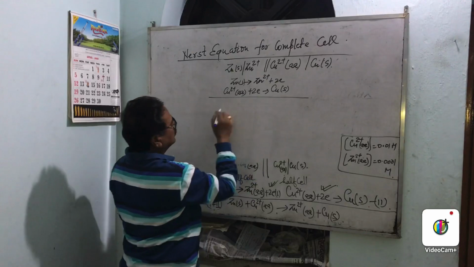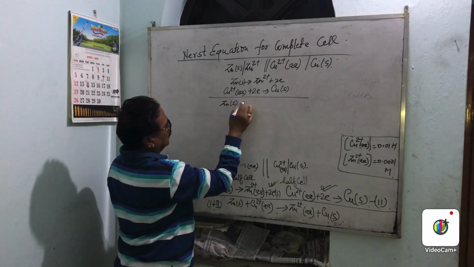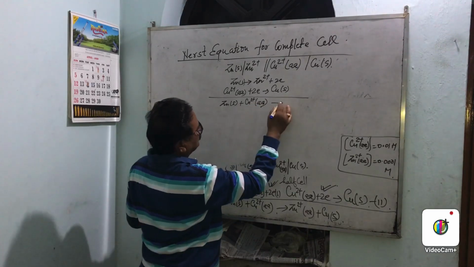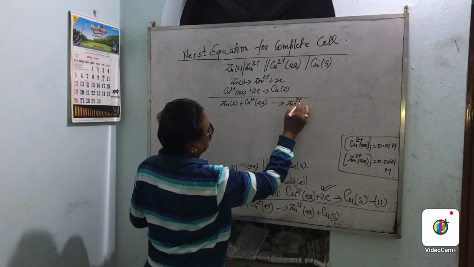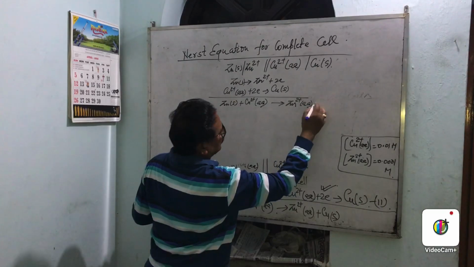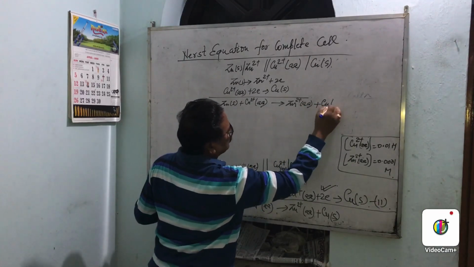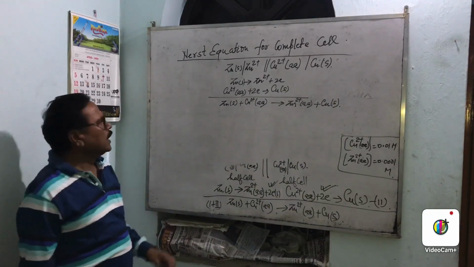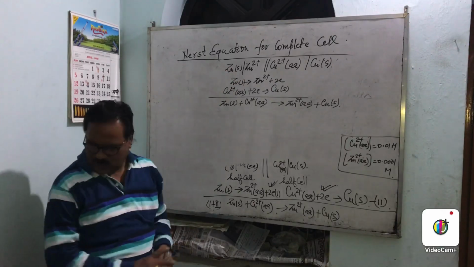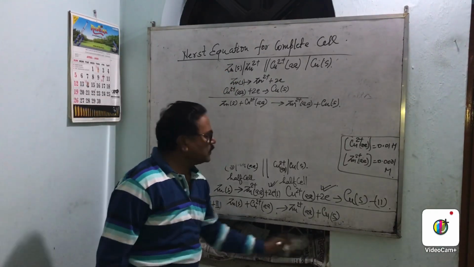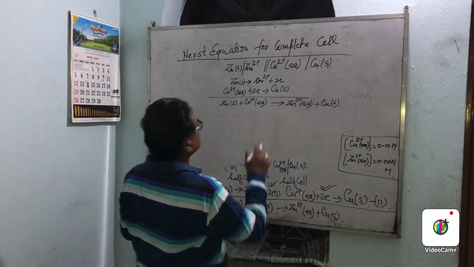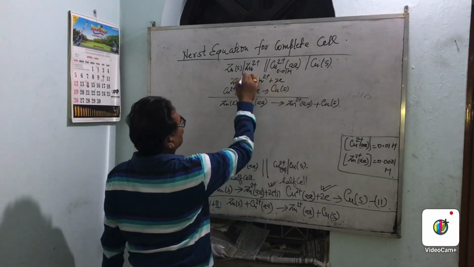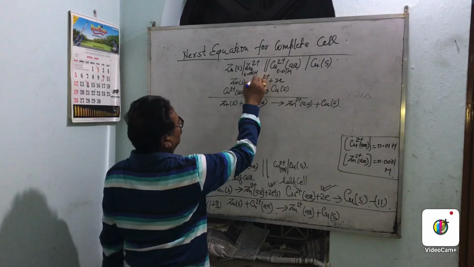Now we add: zinc solid and copper 2 plus aqueous give Zn2 plus aqueous plus copper solid. Now we have to apply the Nernst equation for each half. Here we write the concentrations: it is 0.01 M and this is 0.001 M.